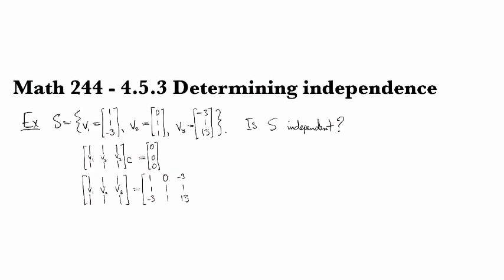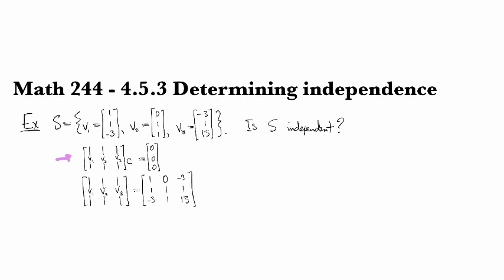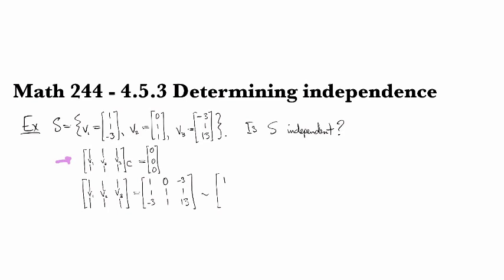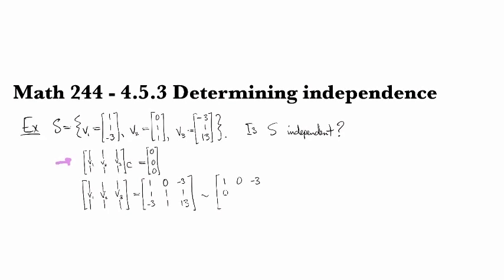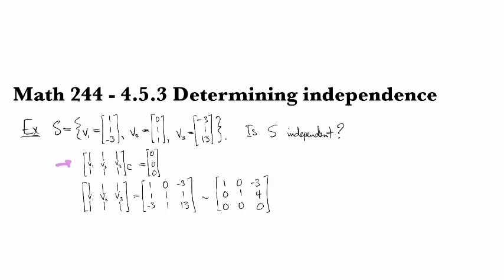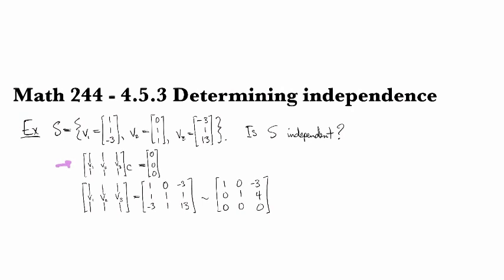We're thinking of this as the coefficient matrix of this linear system here. And then we row reduce to figure out if there are non-trivial solutions. When we row reduce this one, we get [1, 0, -3], [0, 1, 4], [0, 0, 0]. I'll leave it up to you to do the row operations.